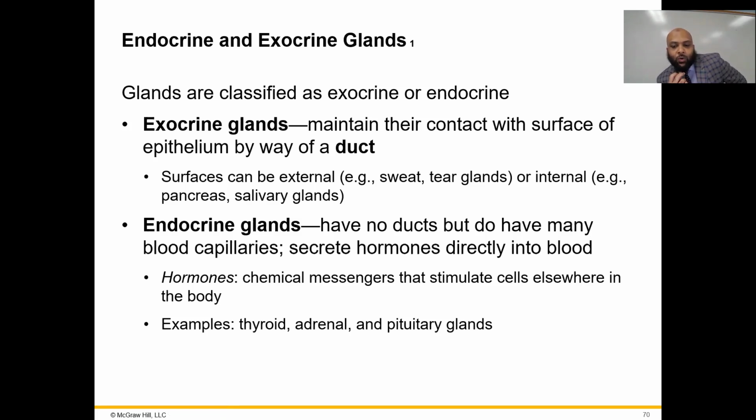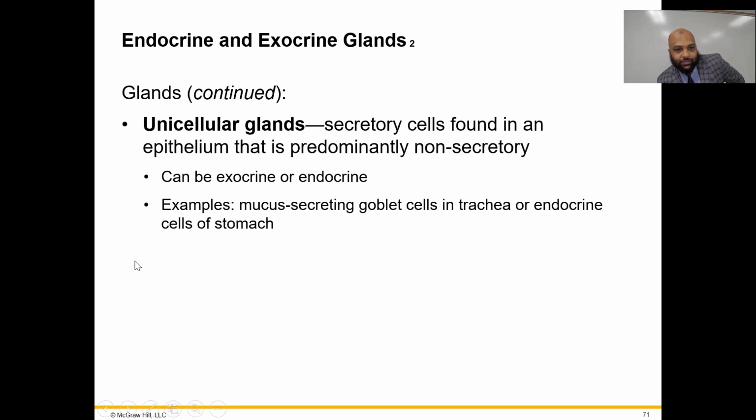They secrete hormones directly into the blood. Hormones are chemical messengers that stimulate cells elsewhere in the body. Examples would be the thyroid, the adrenal, and the pituitary gland.